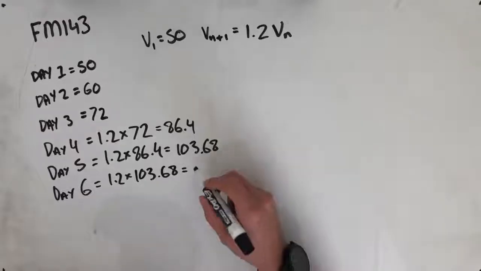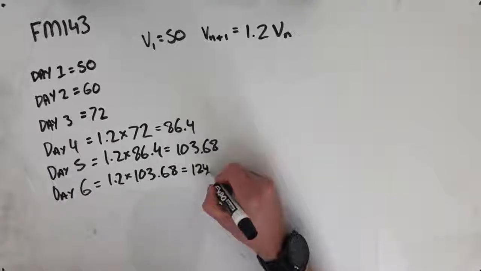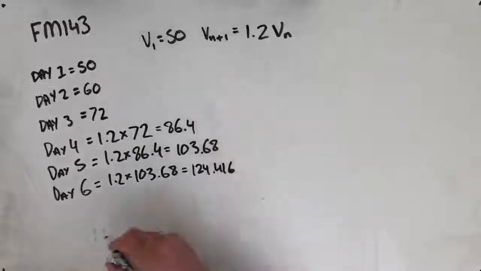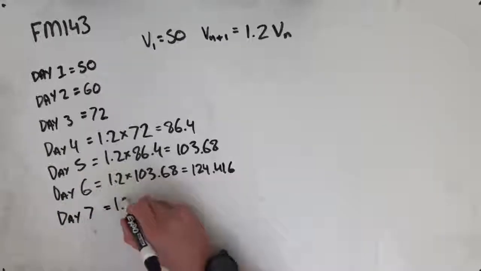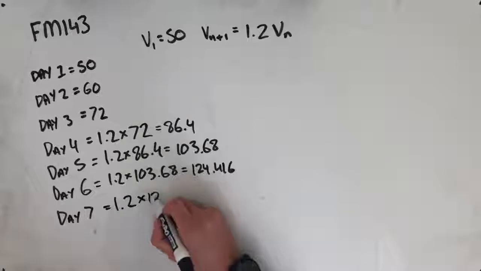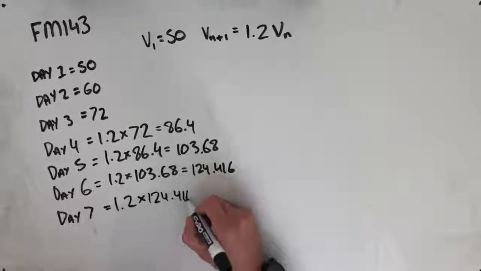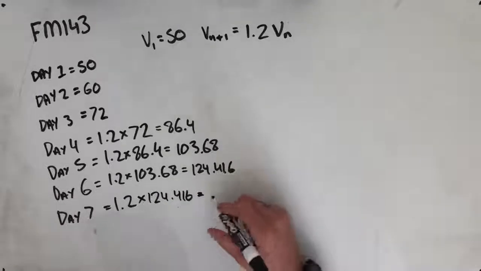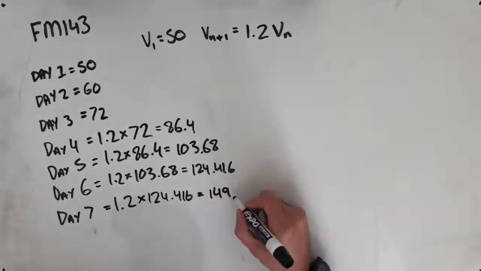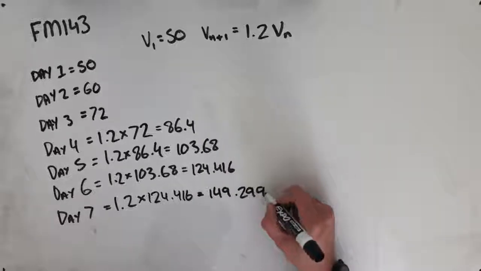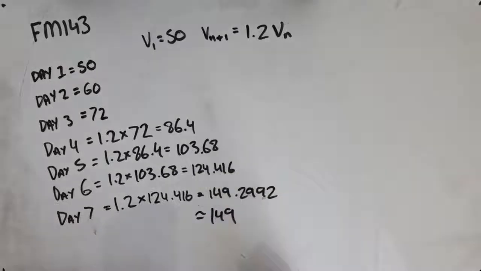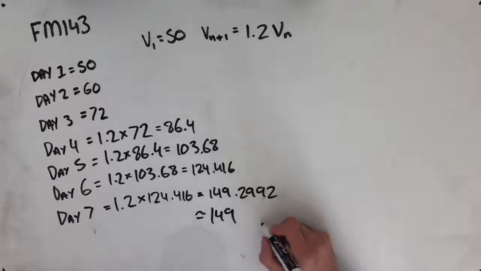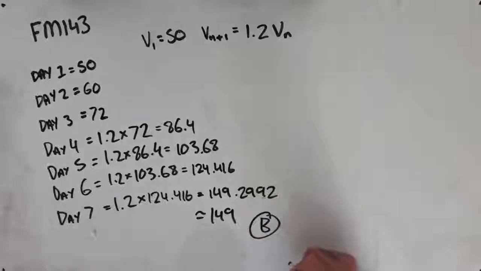It's going to be 124.416. And day 7, the day we've been looking for, is going to be 1.2 times 124.416, which if we whack that into a calculator, should drop out 149.2992, which of course roughly rounds to 149, meaning that our answer at this stage is looking like B.